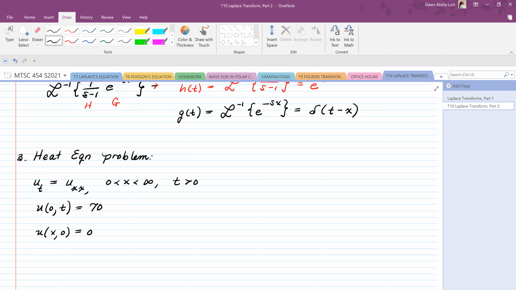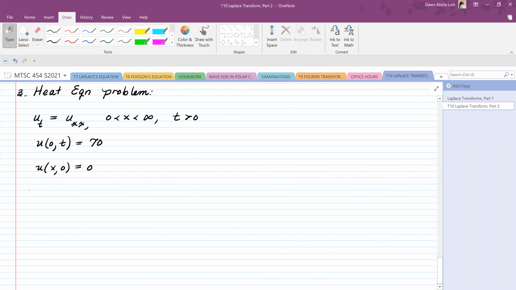So therefore, take the Laplace transform of the whole thing. Equaling u_xx. And then the Laplace transform of u of 0 and t equal to 70.